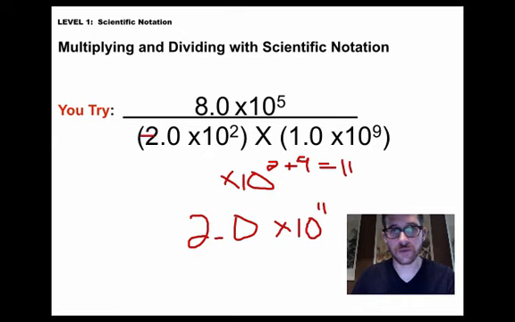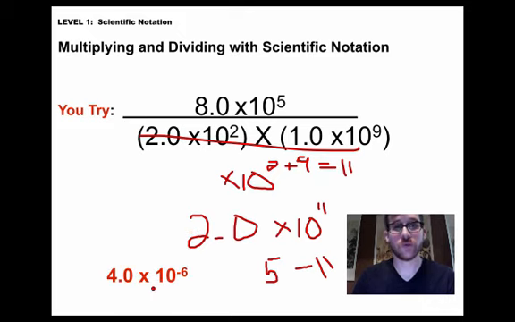I'm just going to put a line through it to cross it out. I have 8.0 times 10 to the 5th. So remember, when I divide scientific notation, it's going to be subtraction that I deal with first for the exponents. So 5 minus 11. And then I'm going to do my division of 8 by 2. And what do we get? We get 4.0 times 10 to the minus 6. 5 minus 11 gives me that negative 6, right?